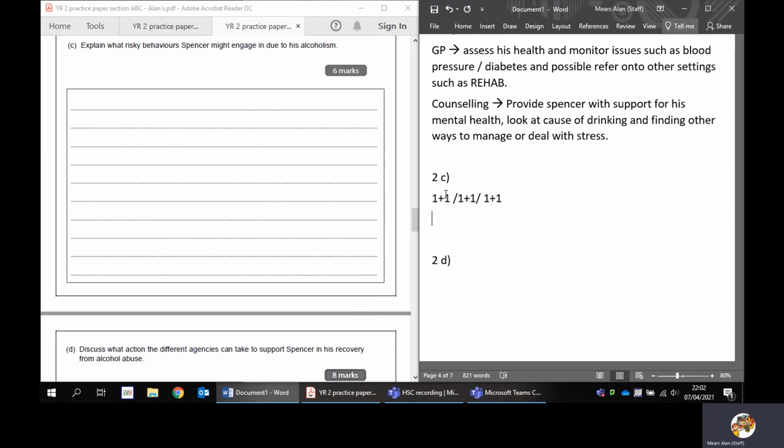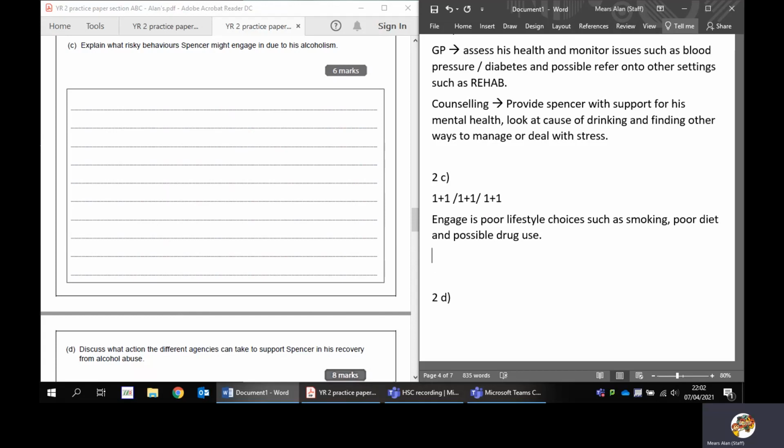So he might engage in poor lifestyle choices, such as smoking, he's already drinking, smoking, poor diet, and maybe possible drug use. So that's one thing, poor lifestyle and what that would mean.